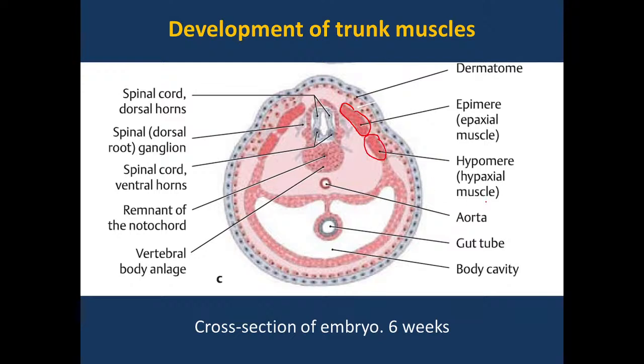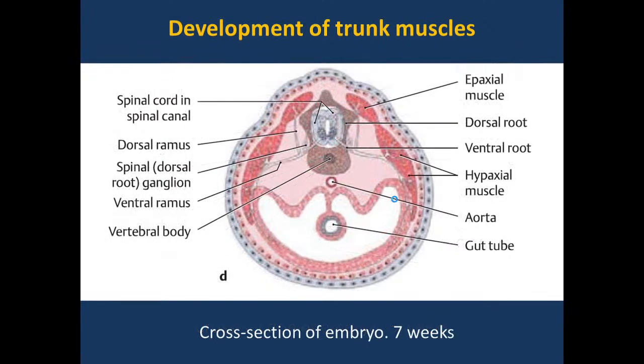That is dorsal. Here is dorsal myotome, and ventral myotome. And this ventral myotome is developed more in the muscles of the trunk.